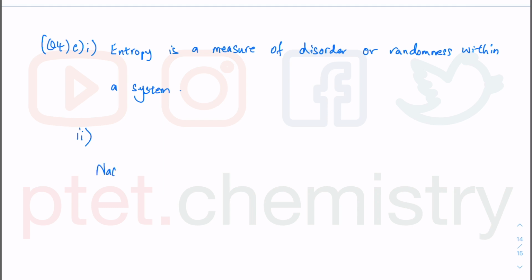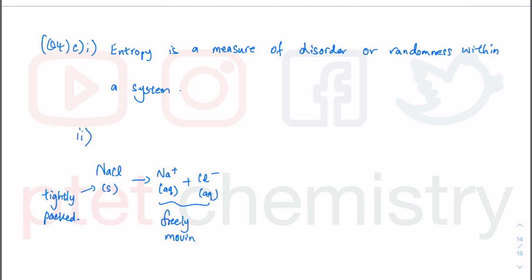When you have NaCl dissolving in water, you're going from the ions, which are tightly packed. So in the solid state, they are tightly packed, which is why the ions are not free to move. Therefore, you cannot conduct electricity in solid state, but you can conduct electricity in aqueous state because these are freely moving.